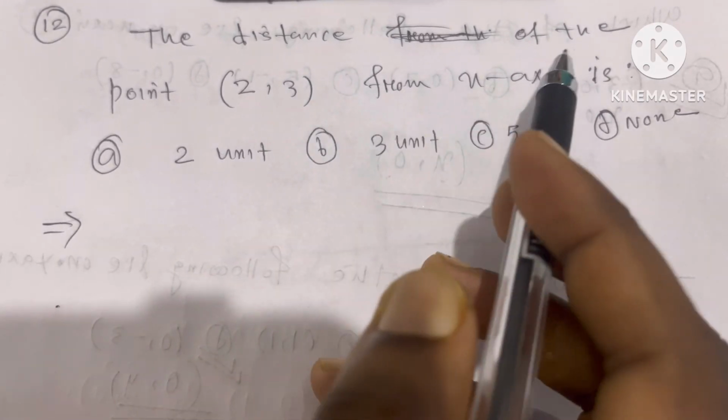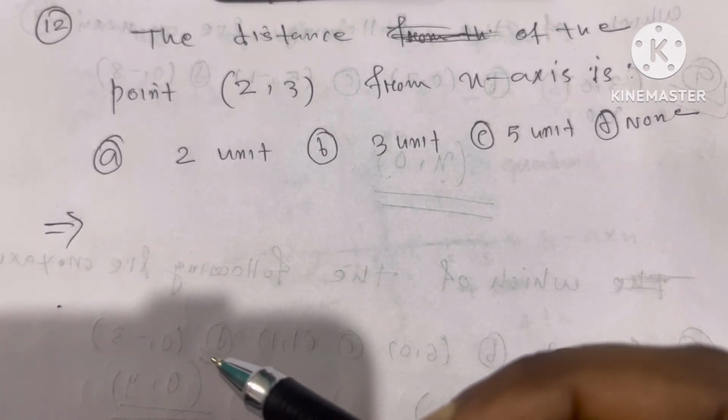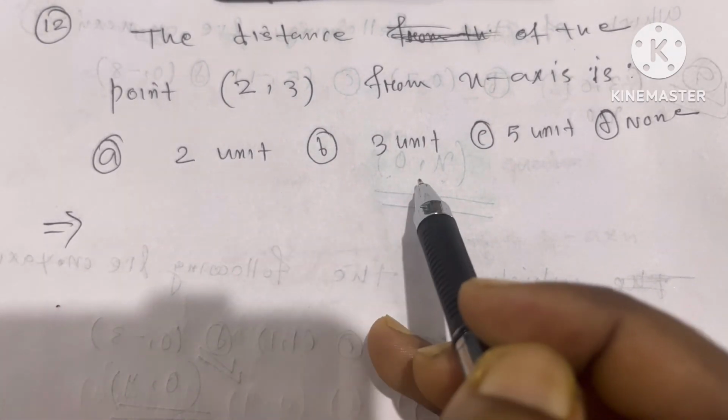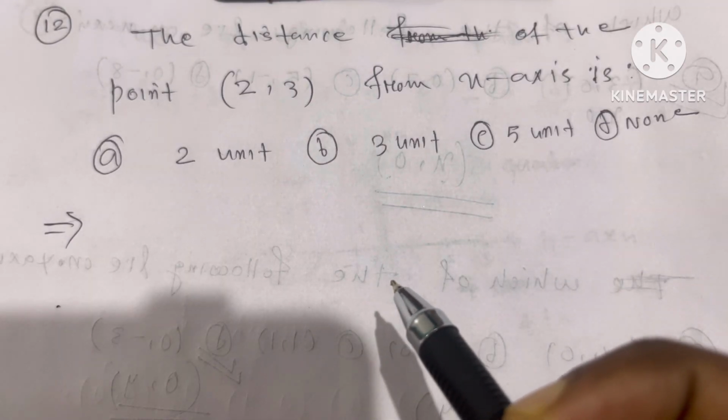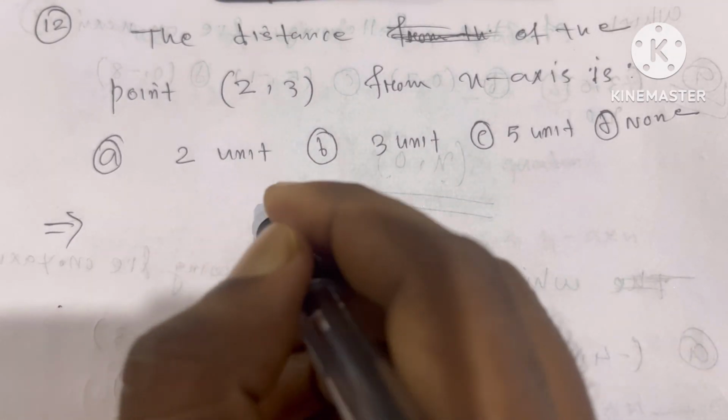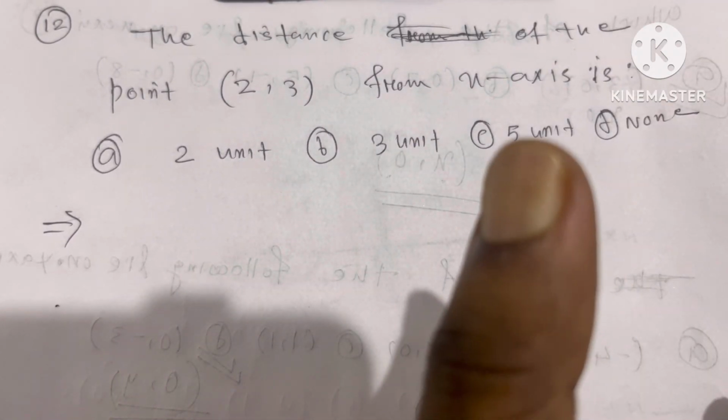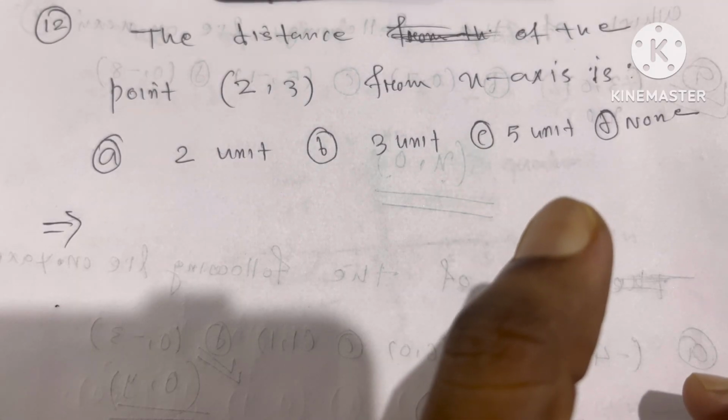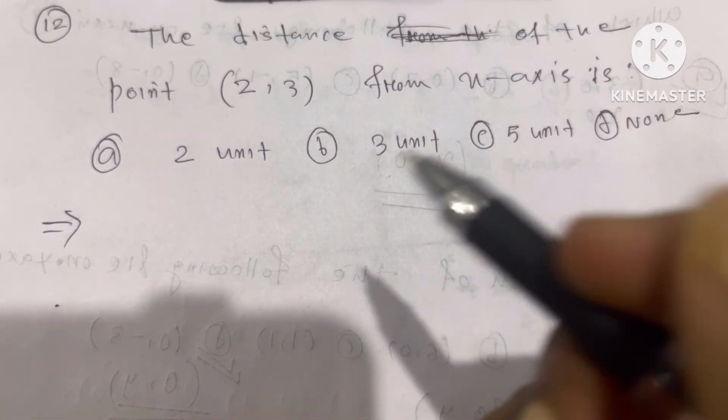Question number 12. The distance of the point 2 comma 3 from the x-axis is 2 unit, 3 unit, 5 unit? Very simple. Without plotting also, you can find the answer by remembering one concept.